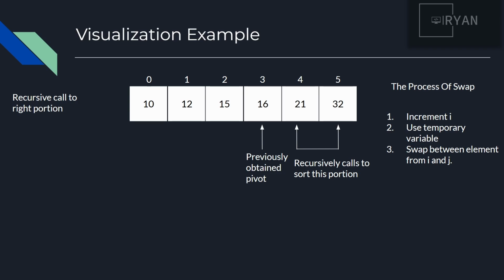Okay? So going back like 2 recursive calls, we had 16 as our previously obtained pivot. So to the recursive call to the right portion of 16, we are starting from the index of 4 to 5.